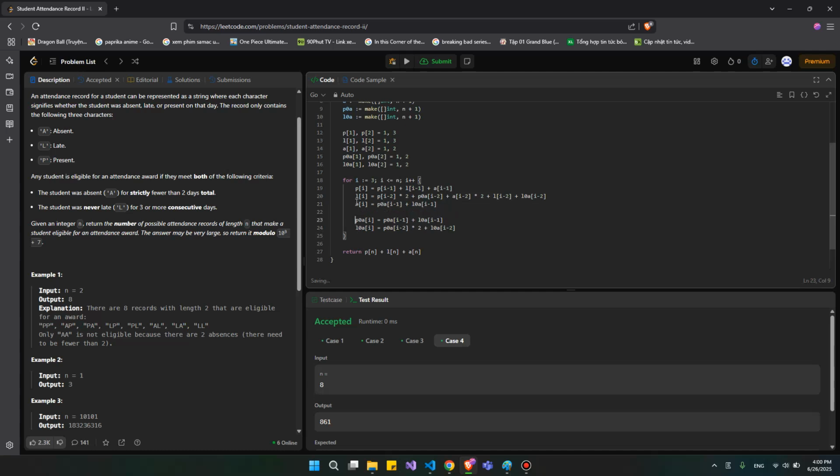Okay, if you look at it a little bit, you can see A and P0I are the same, so we can remove it and change T0A to P2A.